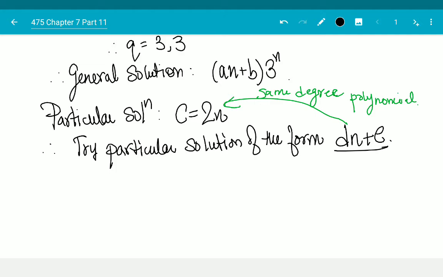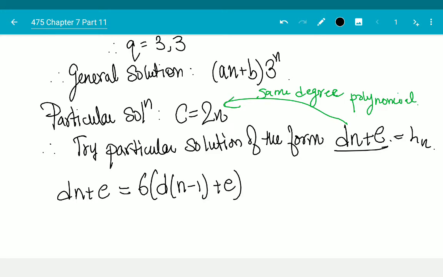Okay, so what do I get? I put dn plus e for hn. So hn is equal to dn plus e is equal to 6 times hn minus 1, which is d times n minus 1 plus e, now, because now it matters if I'm taking the hn or hn minus 1, minus 9 d times n minus 2 plus e plus 2n.